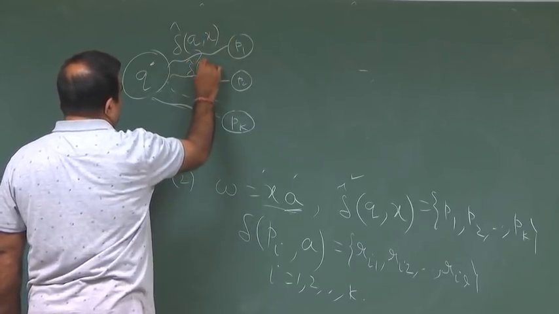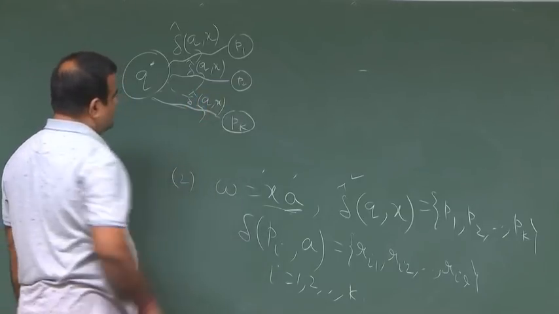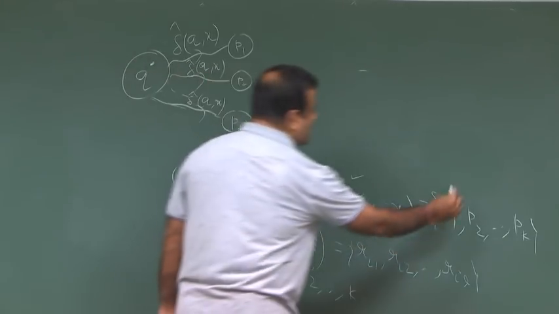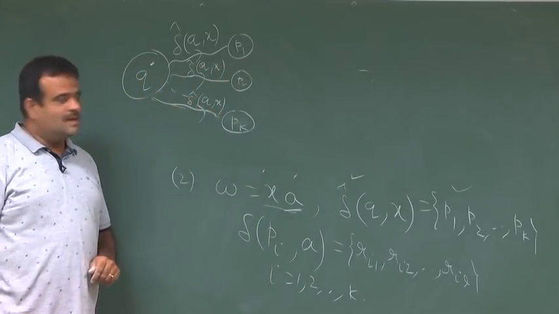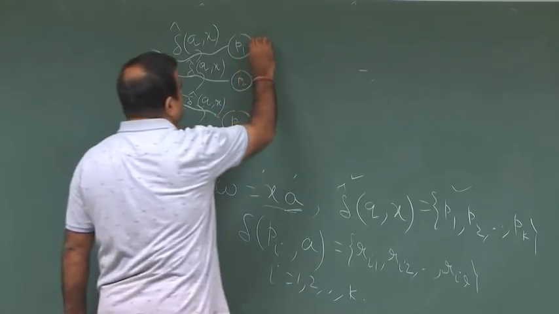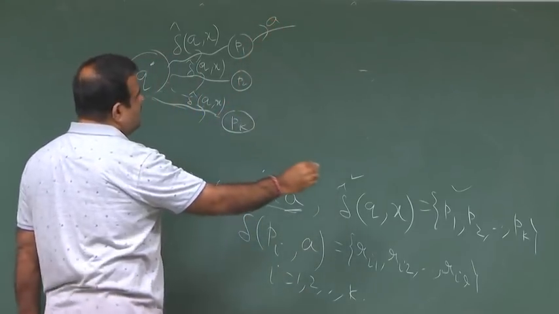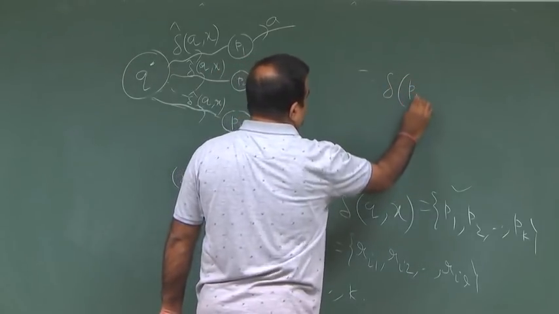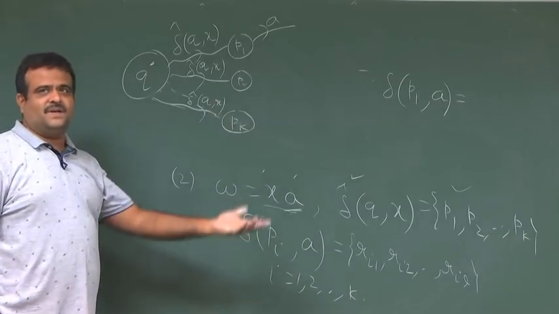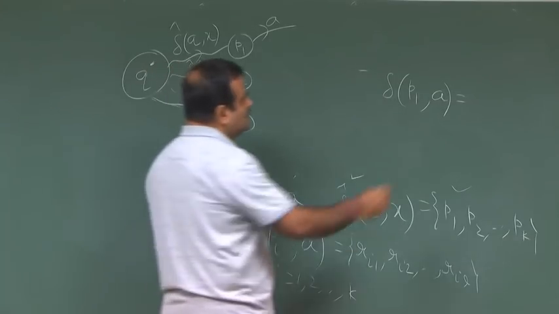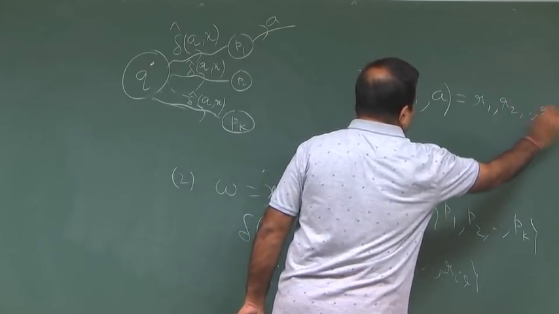These are the possible states after reading the string x. Now from each of these we are going to read a. So again delta hat of P1 comma a. This is an NFA, so this is again a subset. Say that subset is R1, R2, ..., RL.